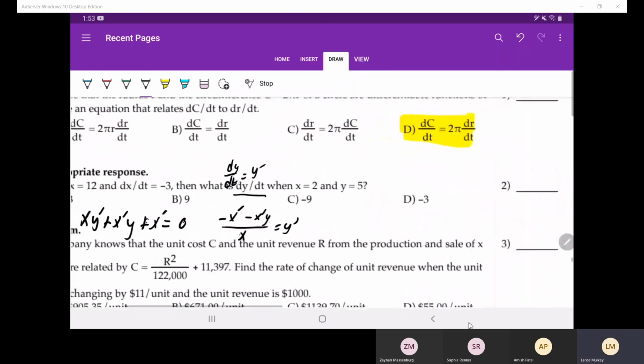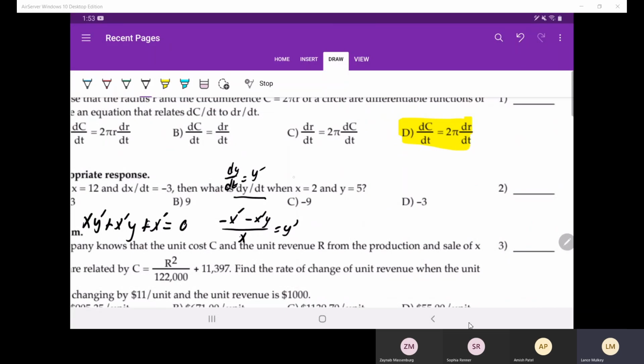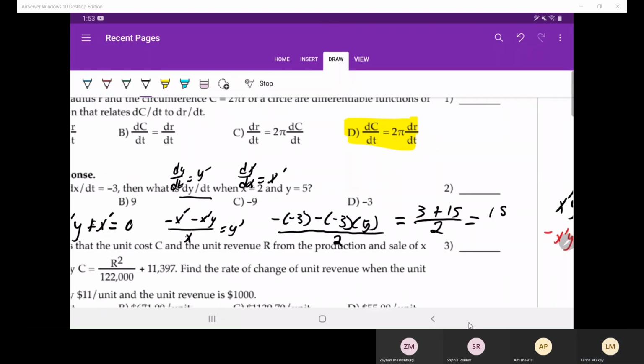So now you have your values. X prime equals dx dt. So now you have negative 3 minus -3 times y is 5, all over x is 2. So that equals 3 plus 15 over 2, which equals... keep an eye on your signs.